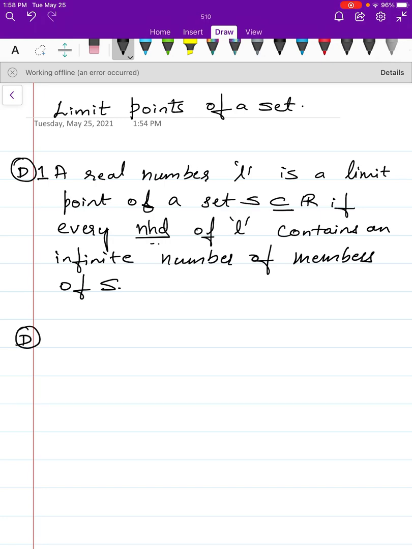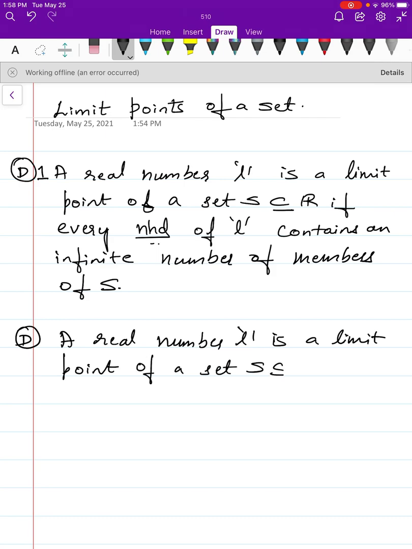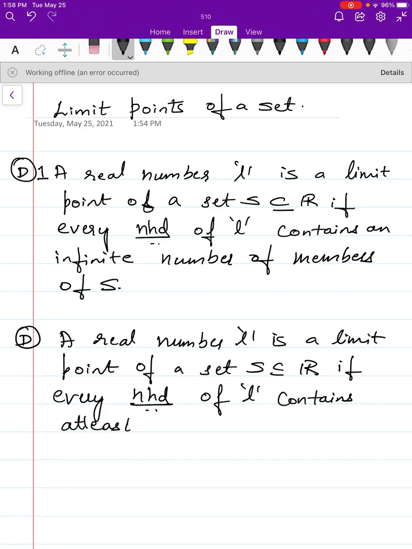So the second definition, which is more common and which you all have learned in your masters, is: a real number L is a limit point of a set S, subset of R, if every neighborhood of L contains at least one member of S other than L.